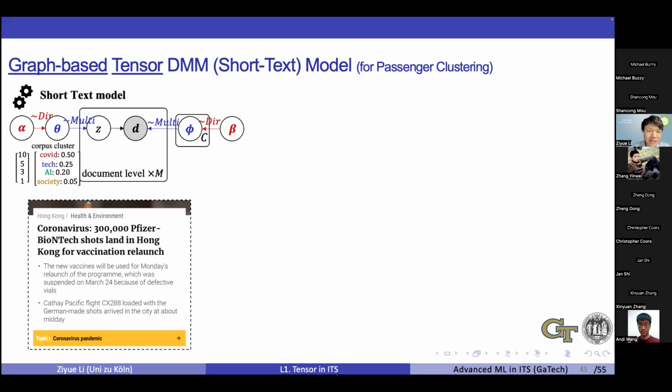Since our text is so short, once we decide a topic for this document, then all the words in the rest of the text have to share that same one topic. For example, COVID. Then all the words inside the document only have one topic to generate the words.